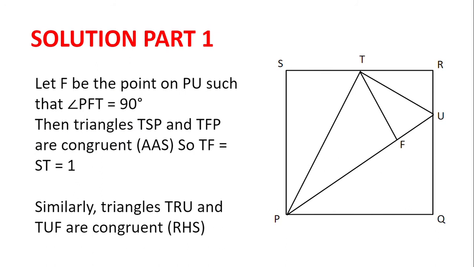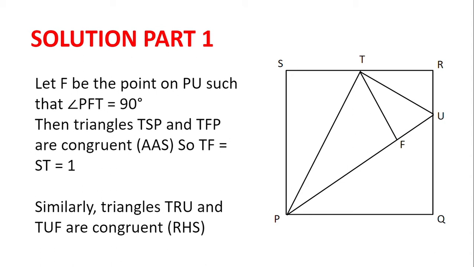So solution. Let F be the point on PU such that angle PFT equals 90 degrees. Then triangles TSP and TFP are congruent because angles TFP and TSP are both 90 degrees, and angles SPT and TPF are equal as given in the question, and they both share the side TP.